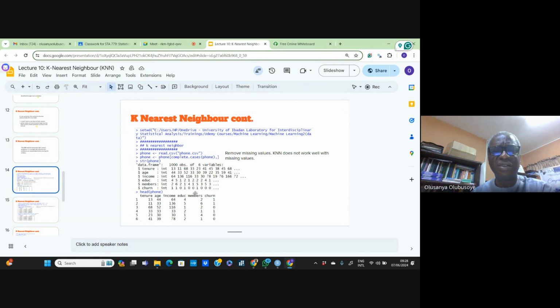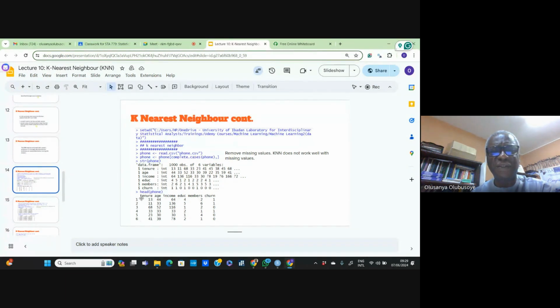That's the tenure. Some have been there 13 years, 11 years, 68 years, 33 years. The age of the customer, the income, the education, and maybe the number of people in the family of the customer. And then this is the variable of interest. What we want to predict is whether the customer will churn or not churn.